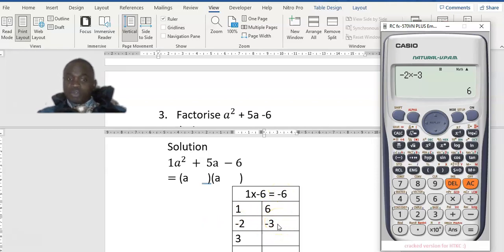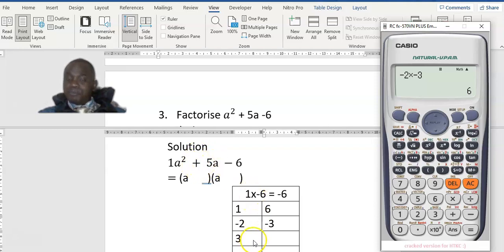No. So this is not going to work for us, because minus 2 and minus 3 is going to give us plus 6, not minus 6. Are we together? So we can't use minus 2 and minus 3, because even though minus 2 minus 3 will give us minus 5, it also doesn't satisfy this one.